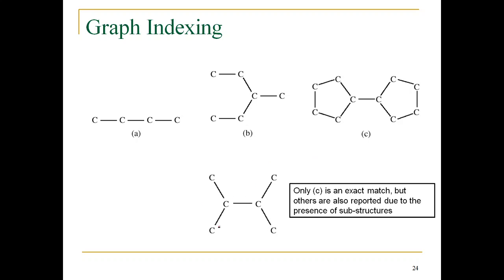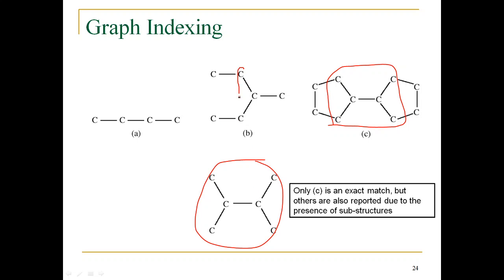So here when you take an example, the exact match of this particular graph is here. But since this particular graph also has substructures, even these are being considered, since they support the minimum threshold.